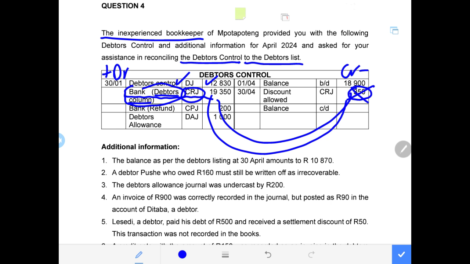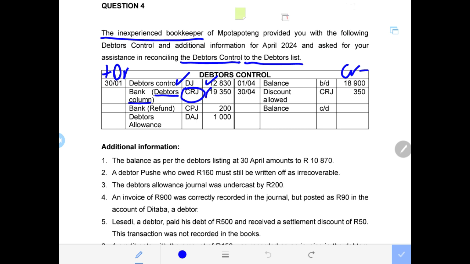You'll see when I deal with the opening balance. So this amount of 350, we need to just ignore it because it is already included in the 19,350. So we are moving this to this side and we say bank and discount, and the amount is 19,350.